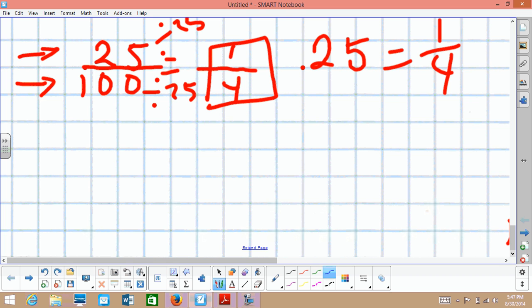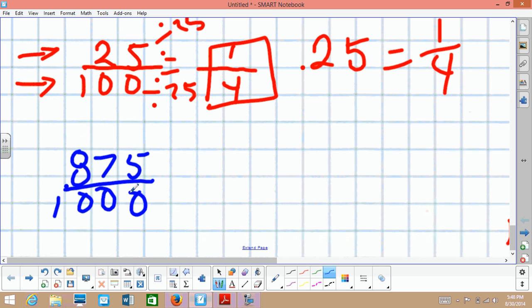So another example will be the following. We have 0.875, and I want you to convert that into a fraction. All you have to do is put it over 1,000 because we said that is 875 thousandths. That is a little more complicated.